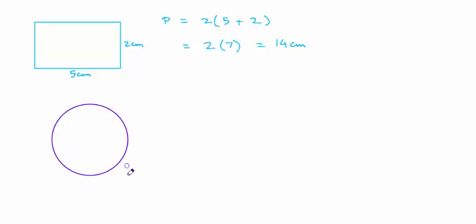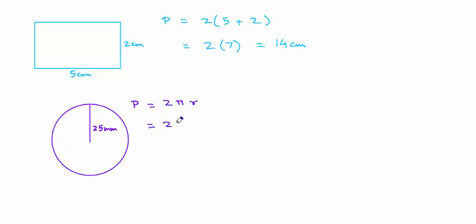Let's have a circle and let's have its radius as, let's say, 25 millimeters. Can we find the perimeter of the circle? Well, the perimeter, also called the circumference of the circle, is given as the product of 2 and pi and the radius.